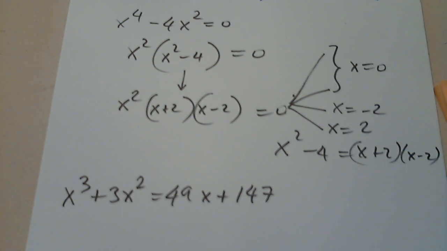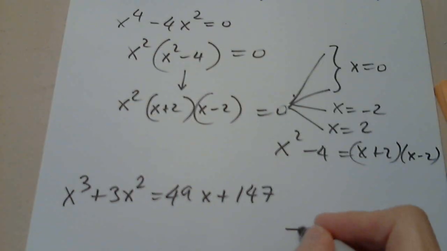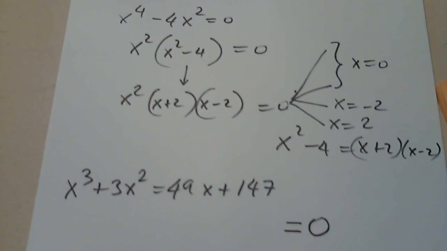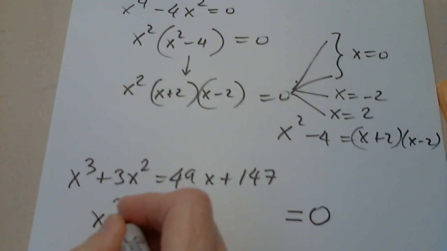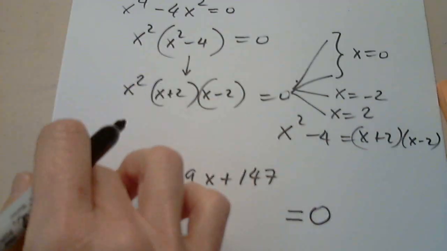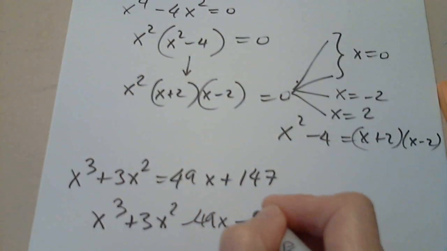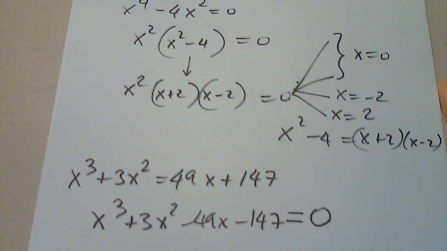You have to set it equal to 0. Absolutely. If I don't set it equal to 0, I cannot continue. Thank you very much. So x cubed plus 3x squared minus 49x minus 147.